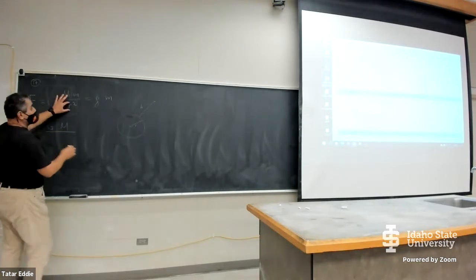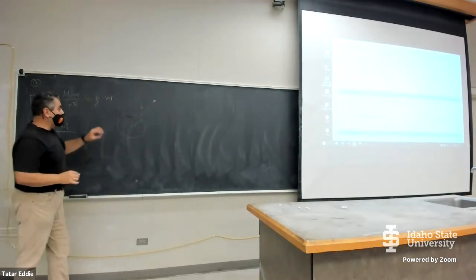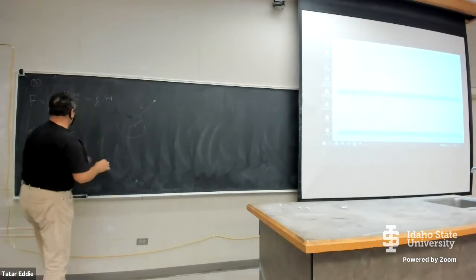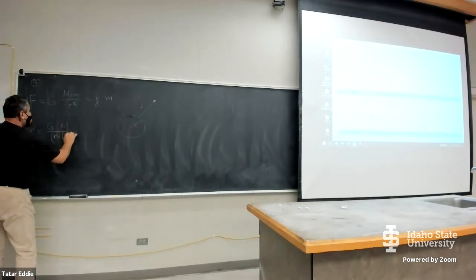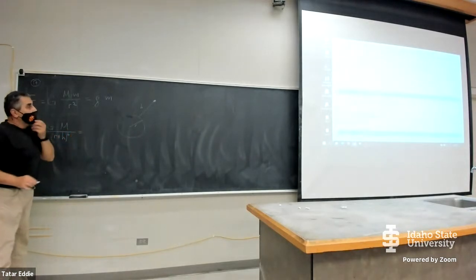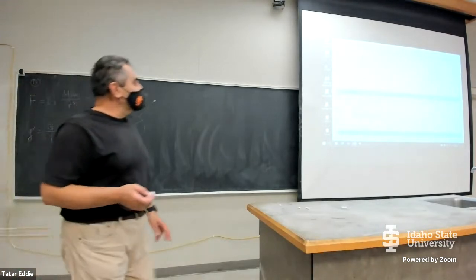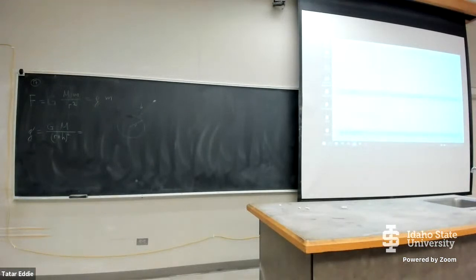But now the distance between the geostationary satellite and the center of the planet is the radius of the planet plus that height. And you have to calculate it this way. Now just plug in the numbers and you're going to get some number for the acceleration due to gravity, and that number is going to be smaller than 9.8.